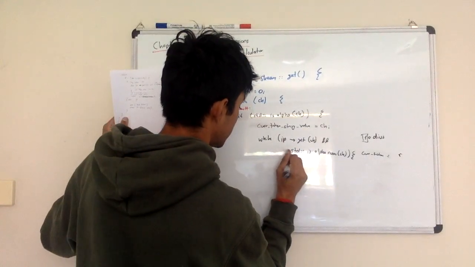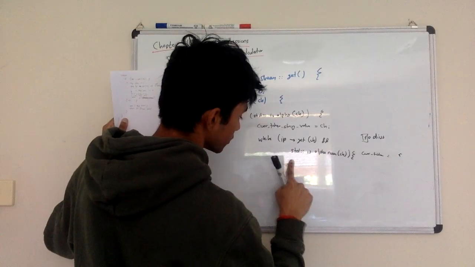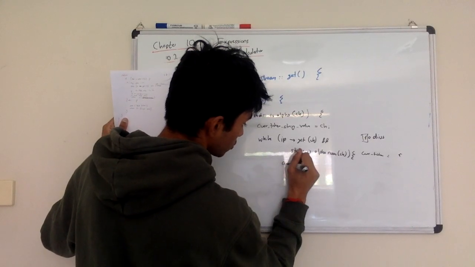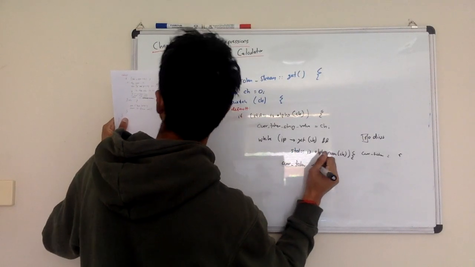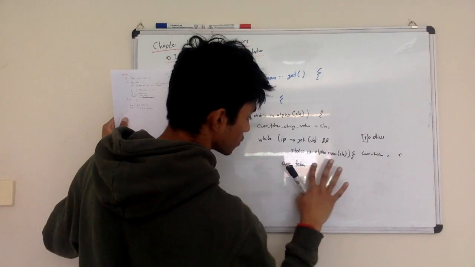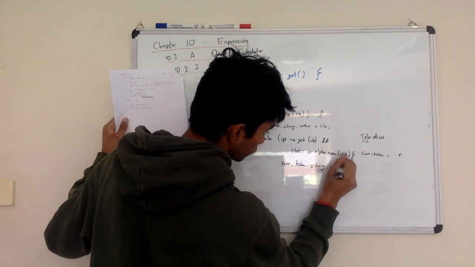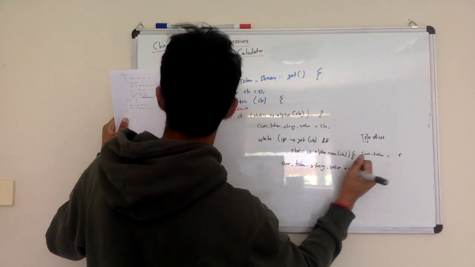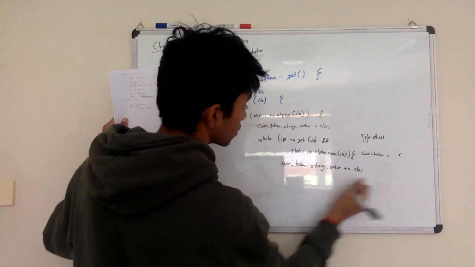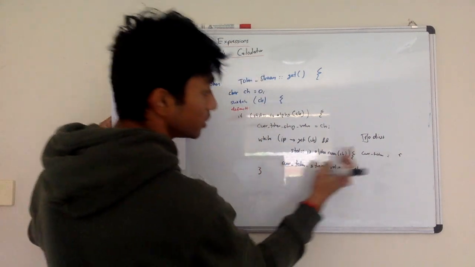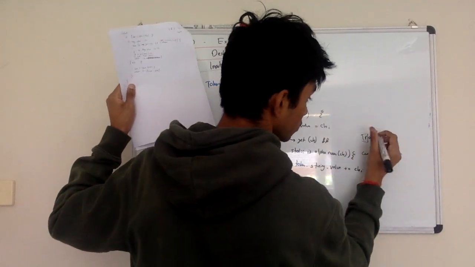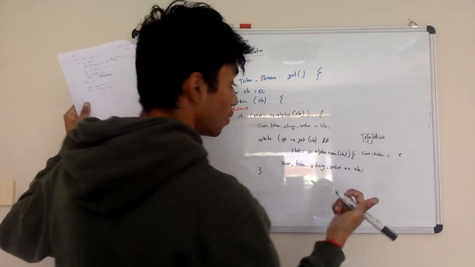do current token plus equals current token dot string value plus equals ch. Right? So what this while loop is doing simply is iterating through our radius letter by letter. So we're going to the next letter. Oh, it's still alphanumeric.